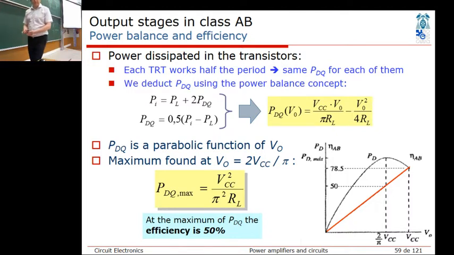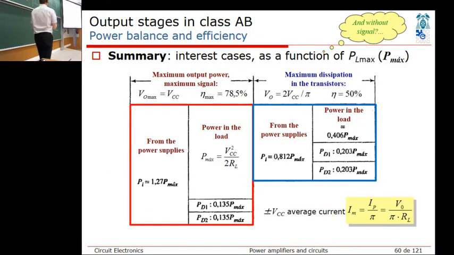Good. And then some summary. From the power supply point of view, maximum output power, meaning the maximum signal.